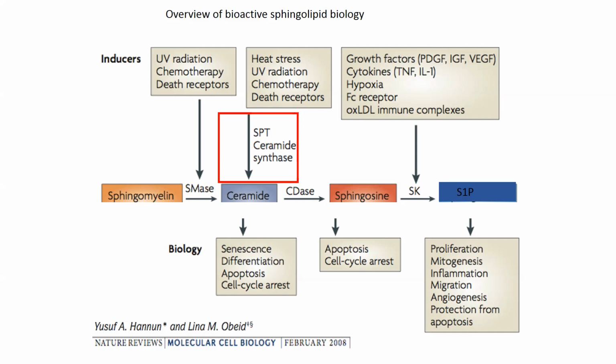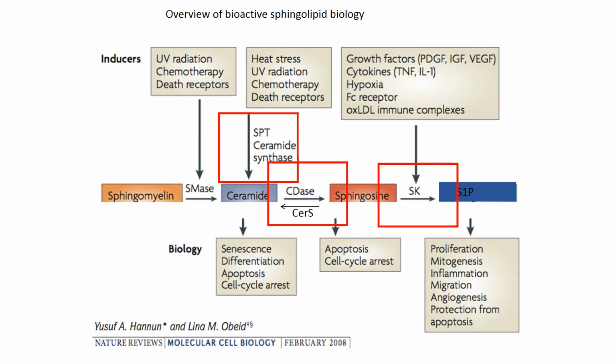Either way, you make ceramide. Ceramide, we and others have shown, is a critical lipid to induce cell senescence, differentiation, programmed cell death, and cell cycle arrest.